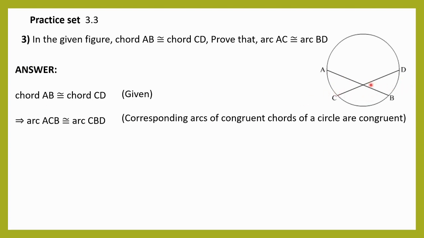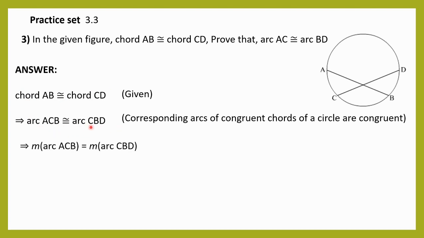If you notice in the figure, the arc corresponding to the chord AB is arc ACB, and the arc corresponding to the chord CD is arc CBD. Since the chords are congruent, their corresponding arcs will also be congruent.